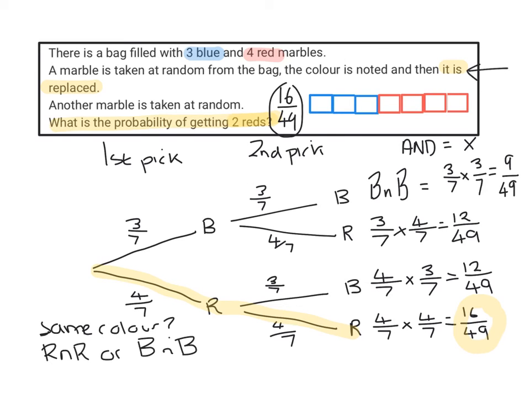Now, a red and a red, we've just done, 16 out of 49. Now, the or, from a previous video, you will know that the or rule, we add our fractions together. Now, I will need to find out blue and blue first. So blue and a blue is this one here, 9 out of 49.